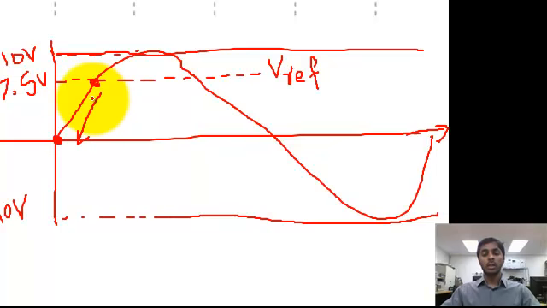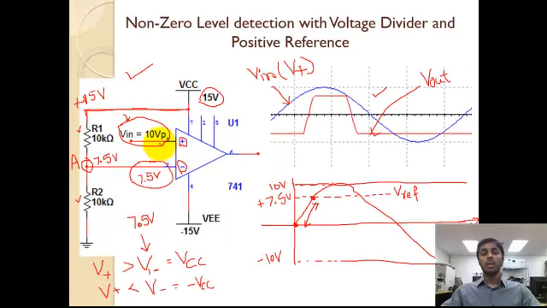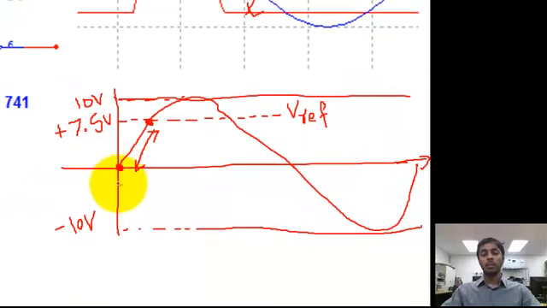From this point to this point, the input signal, applied to the positive terminal, is below the reference. That means V positive is less than V negative.